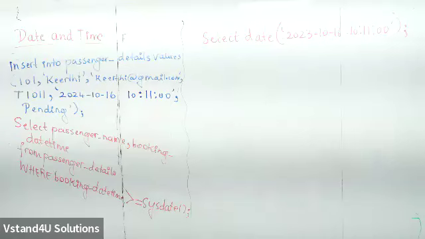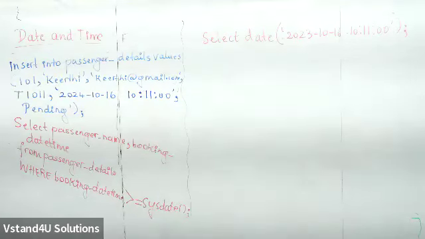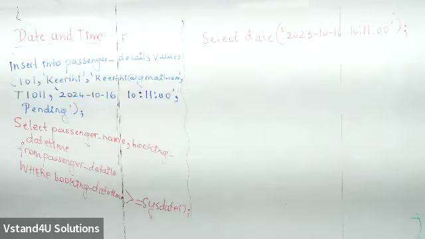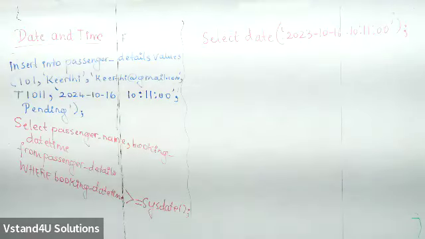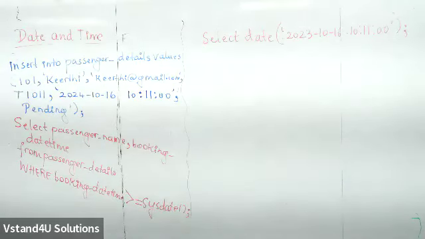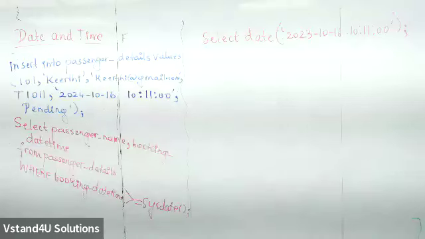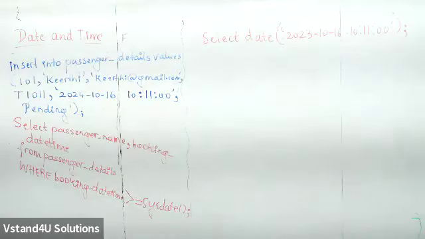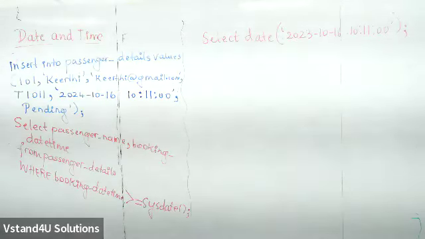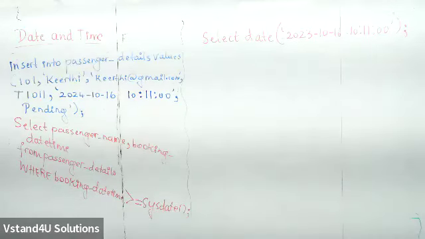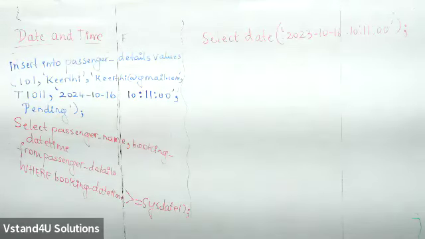Take down the next query. How can you extract only the date part from booking date time column, and display it as booking date only.